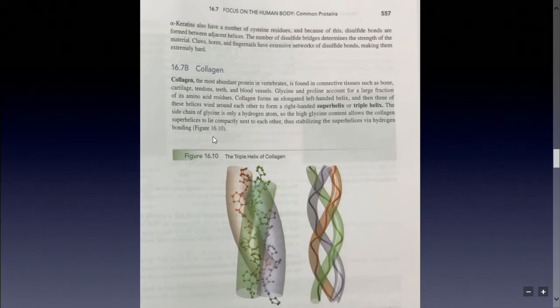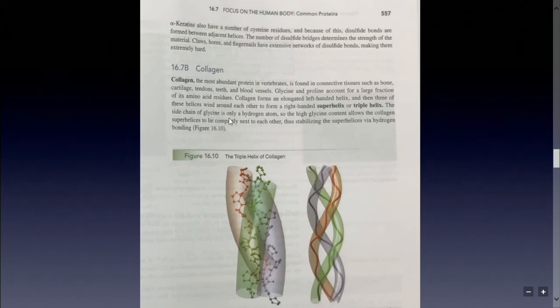Here's an interesting part of why glycine is always found so predominantly in collagen, and it's because glycine has only 1 hydrogen atom on its side chain. It's literally just a hydrogen atom. That's it. Remember, glycine is the most simple amino acid there is.